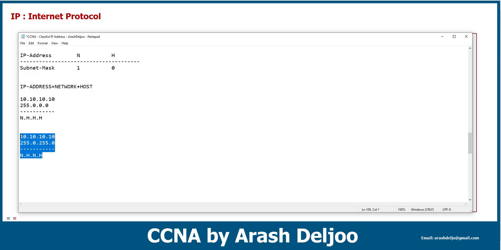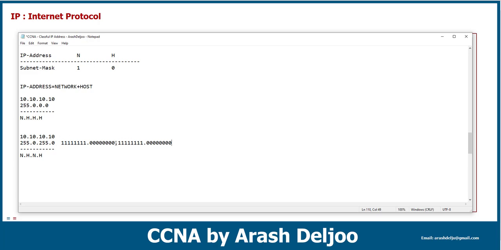When you reach the host bits, to the end of the IP address, you need to use host bits again. You can't use alternating 1s and 0s in the subnet mask. The binary equivalent of this value is, let me write here, quad 1 means 1111, then quad 0 means 0000, again 1111, and then 0000 0000.